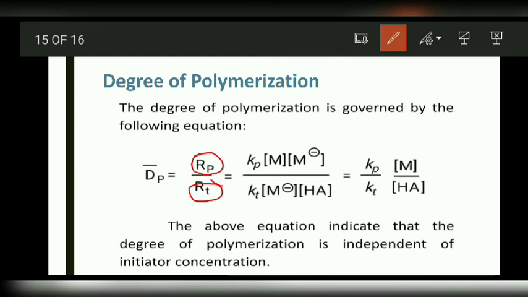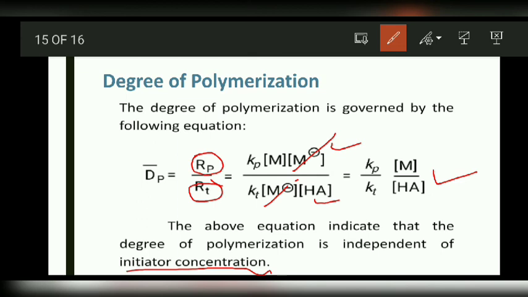So write the rate equations of propagation and termination. So these are the equations, right? Then this M minus gets cancelled, so we will end up with this equation. Fine. So what this equation indicates is the degree of polymerization is independent of initiator concentration, right?